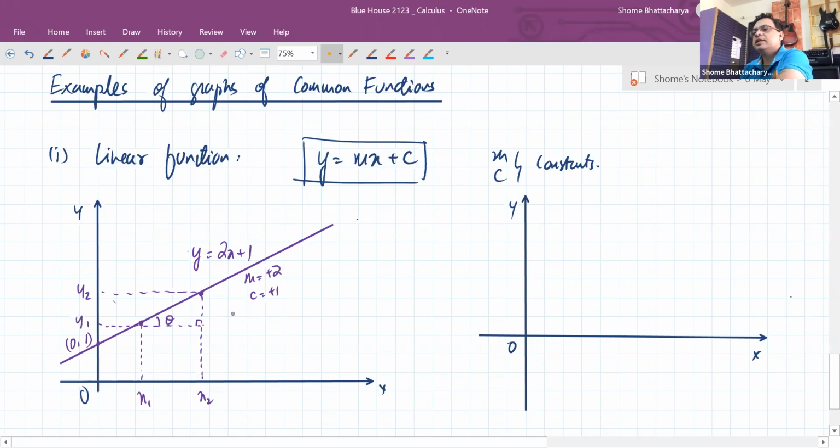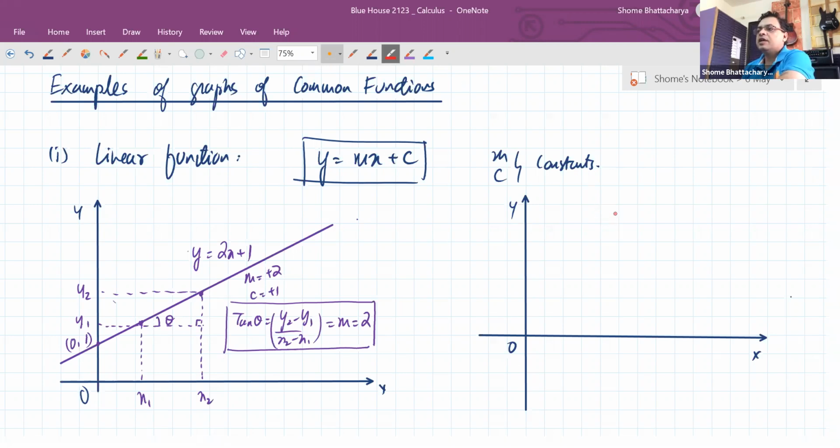So tan theta equals y2 minus y1 upon x2 minus x1 for any 2 points, which will be equal to the slope, which is 2. That is this type of line, which has a positive slope and a positive y-intercept.